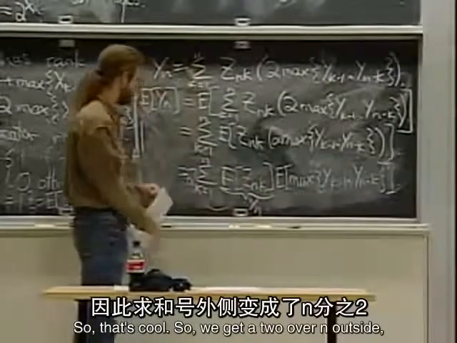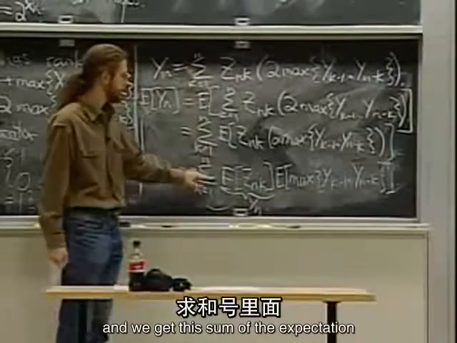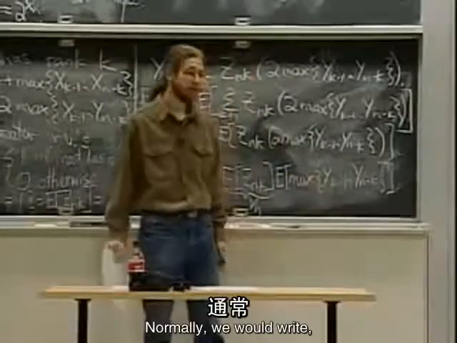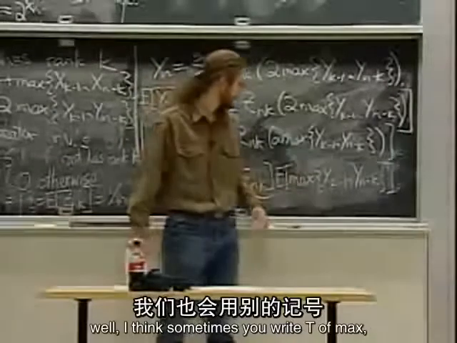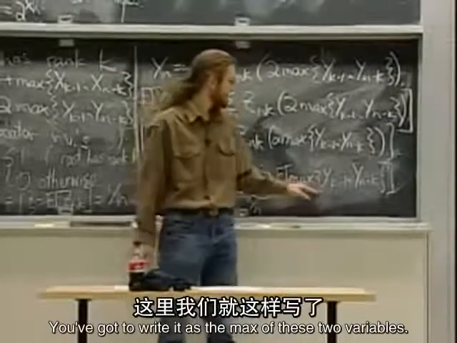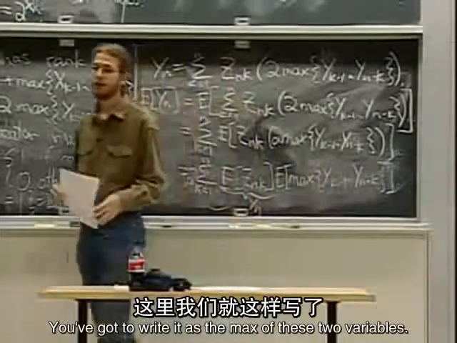So we get a 2 over n outside, and we get this sum of the expectation of a max of these two things. Normally we would write Y of the max of the two things, but here we've got to write it as the max of these two variables.